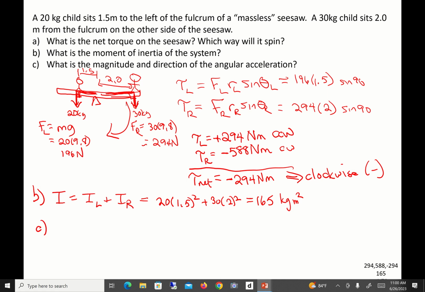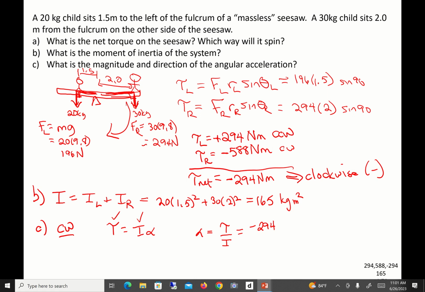All right, last part. C, what's the magnitude and the direction of the angular acceleration? Well, the direction will be clockwise. It's going to go in the same direction as the net torque. And how am I going to solve for the angular acceleration? The equation I'm going to use is tau equals I alpha. I found my tau and I found my I, so alpha is equal to tau over I. So it's going to be minus 294. And again, remember, the sign is important.